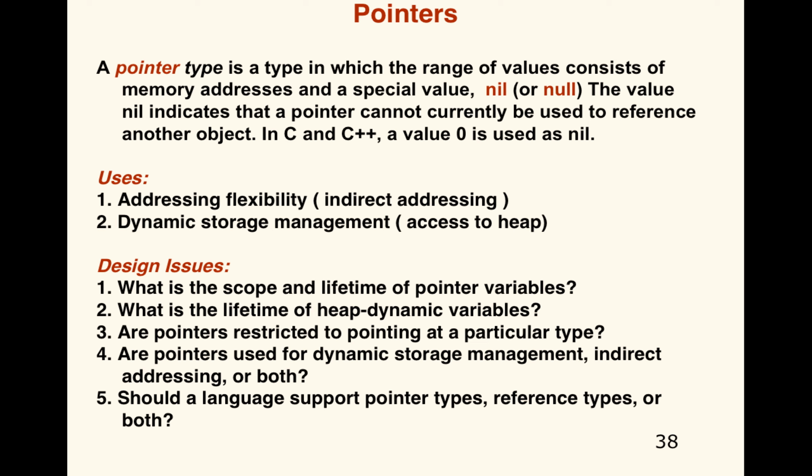Also, number 3, are pointers restricted to pointing to a particular type? Now, that was an interesting part of C++ and C. Pointers are typed. So if I want to point to an int, I have to make a pointer int reference of the int data type. So I have to make a reference of the same data type as the memory I want to point to. In other languages, I don't have to do that.